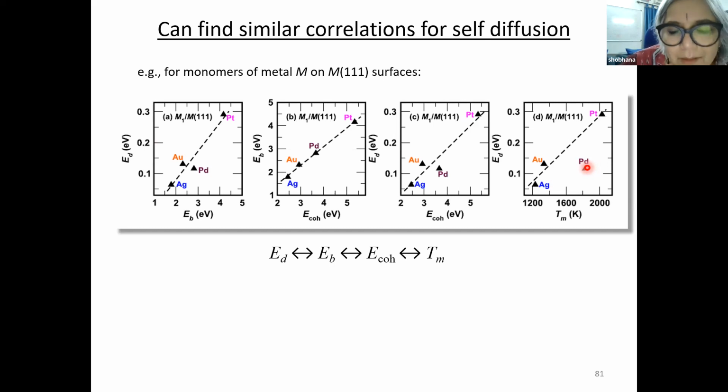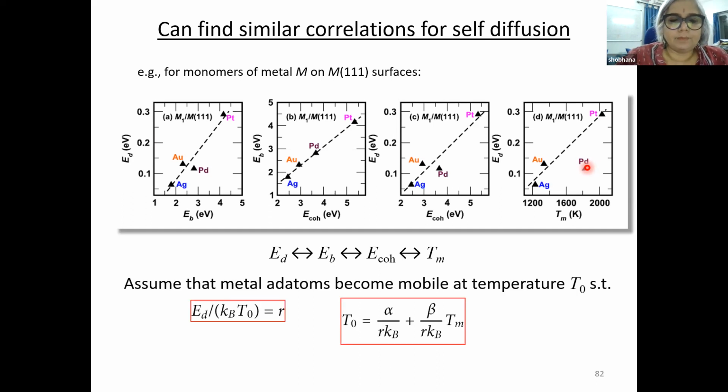Now, this is actually really unlikely, you know. You just have one metal atom on MgO. So it seems really unlikely that it should have anything to do with the bulk melting temperature, but it seems to follow at least roughly. So this is a rule of thumb.